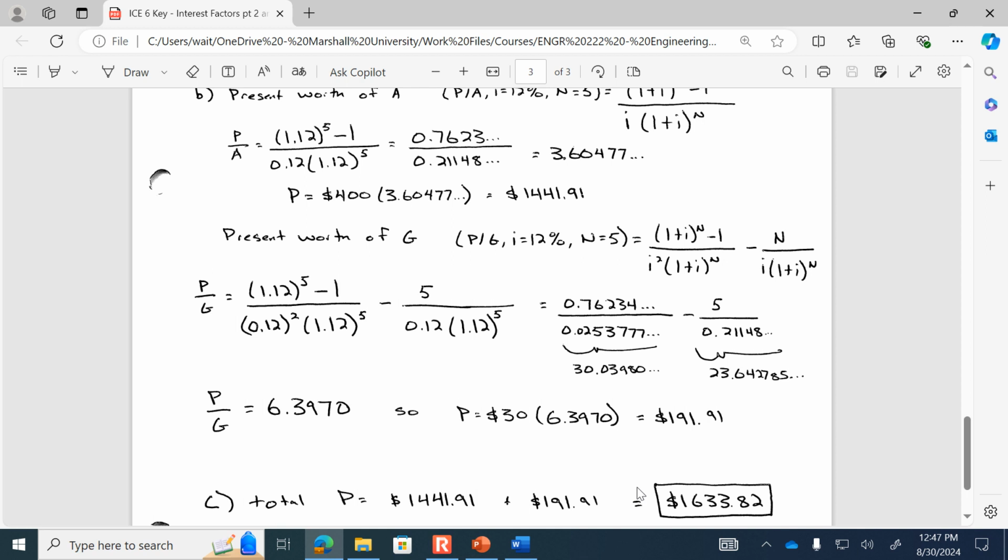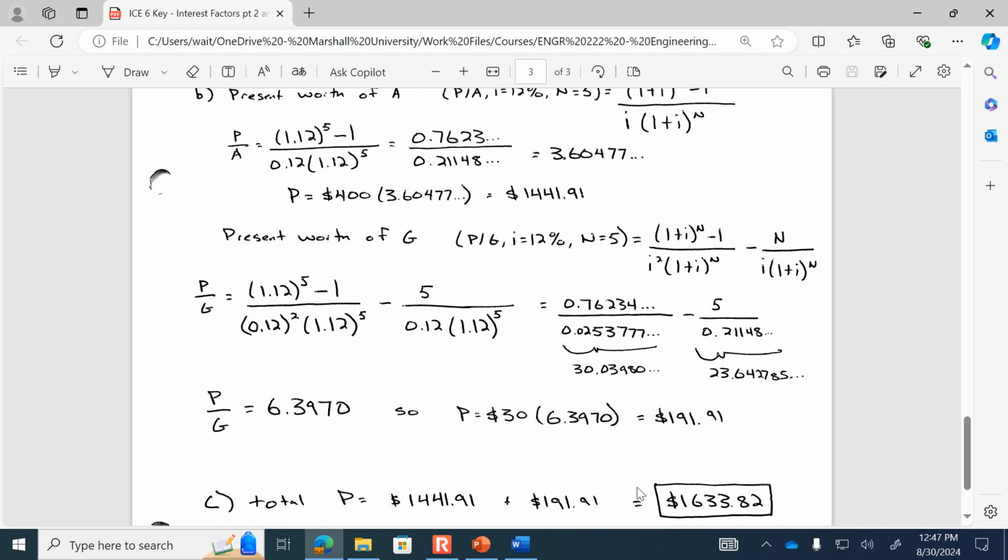You could either brute force it, where you're just, for each individual year, find P given F. You could do that over and over and over for every year, but that would be tedious and inelegant. It would be a little bit more sophisticated if you said, okay, here's an annual series and a gradient. So here's my annual series.